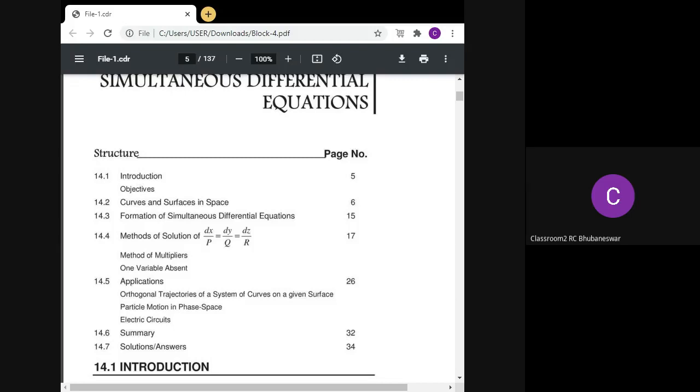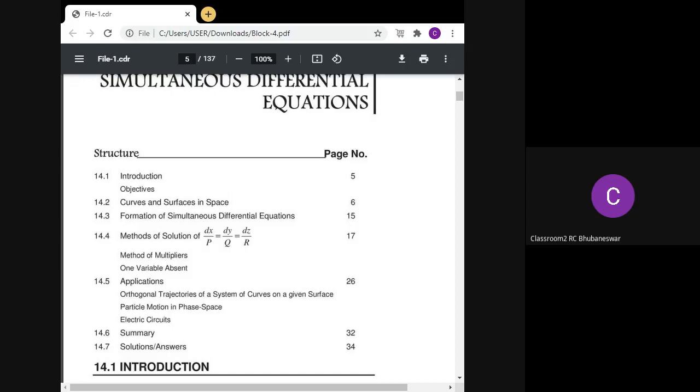And then we are going to discuss the solution procedure of this kind of differential equation, dx by P, dy by Q, and dz by R, by using the method of multipliers and the one variable absent method.